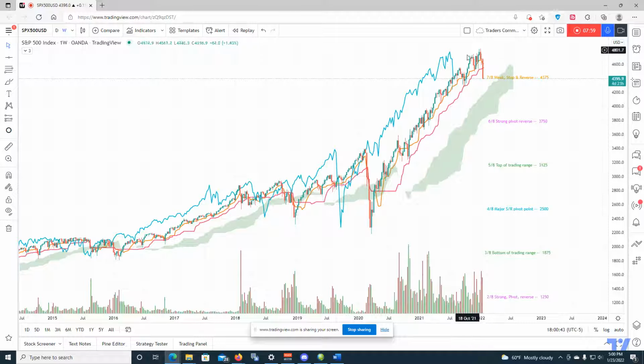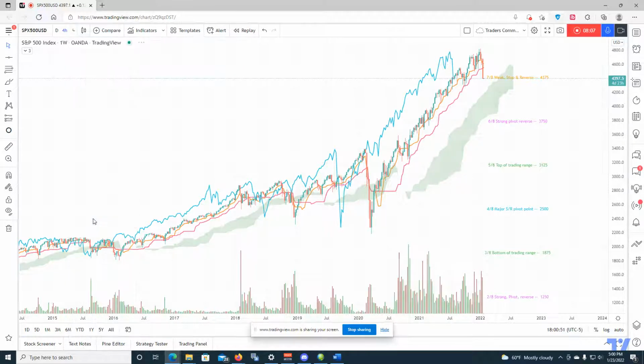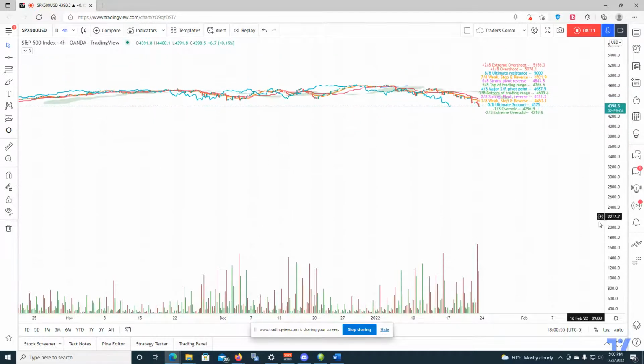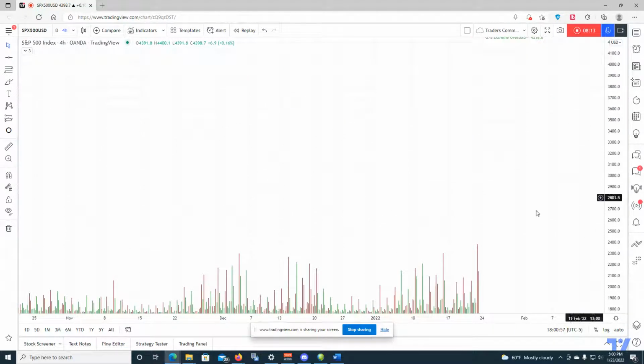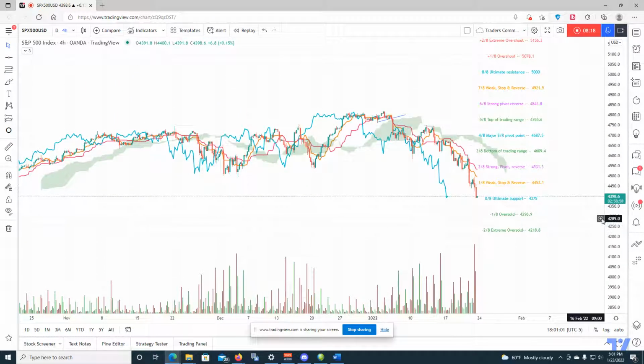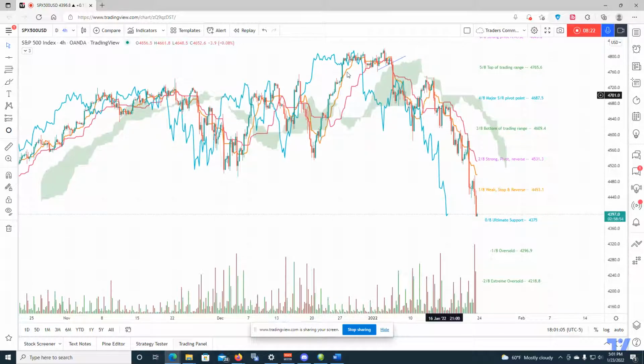So remember, most of us are still short off that basis on the longer term swings in our little grouping. And the key is, as I've said multiple times, and this is 4 hour. So let's bring this down here. There's plenty of us were short up here.